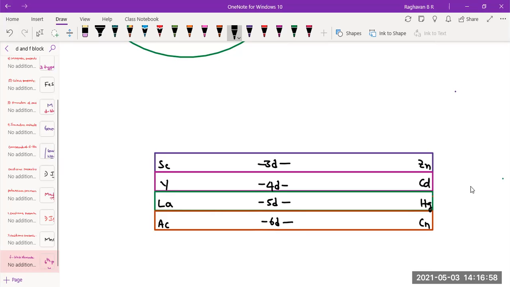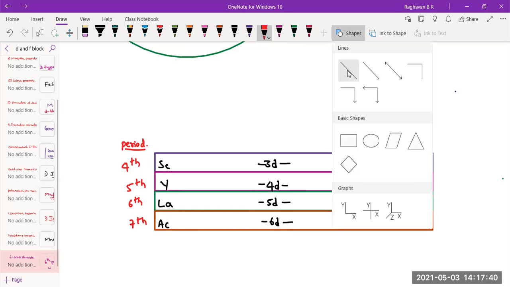It is also called the first series of D block. The first series of D block is the 3D series, then the second series, third series, fourth series. The 3D series, or first series of D block, belongs to the fourth period of the periodic table. These numbers should not confuse you. Similarly, fifth period, sixth period, and seventh. Let me make a group here.